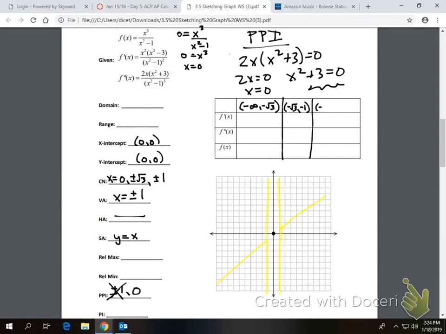From negative 1 to 0. From 0 to 1. Looks like we're going to have to add on to our table here. We're going to have to go from 1 to square root of 3, and one more, from square root of 3 to infinity. We've got a lot going on there, don't we?